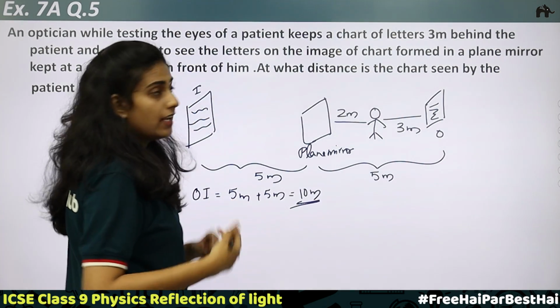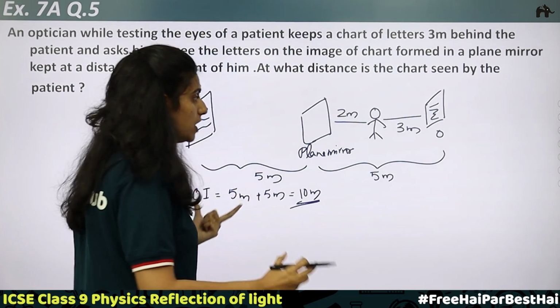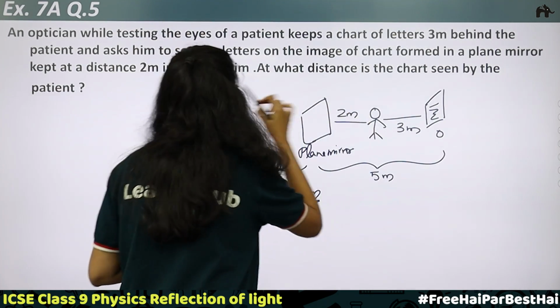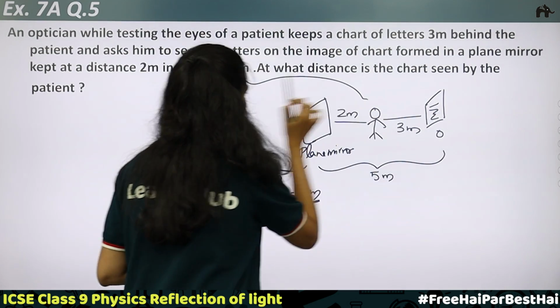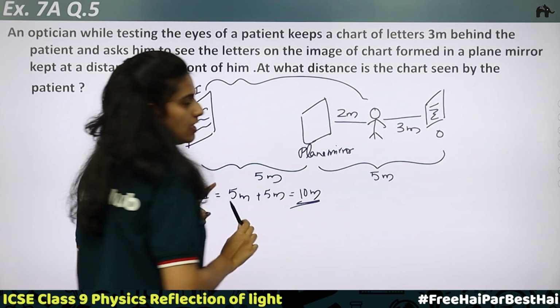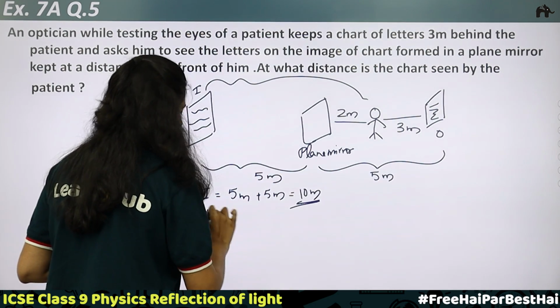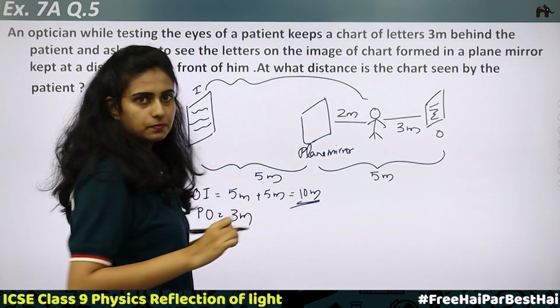Here we have to find at what distance the patient sees the chart, which means we have to measure the distance of the patient from the image of the chart. Total distance is 10 meters. Now we have to subtract the distance of the patient from the object, PO, which is equal to 3 meters.